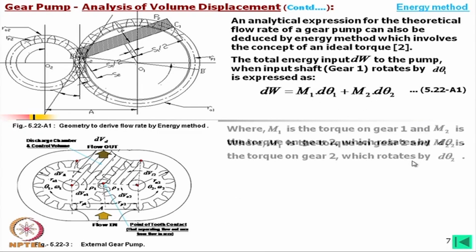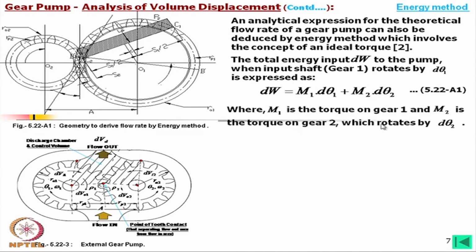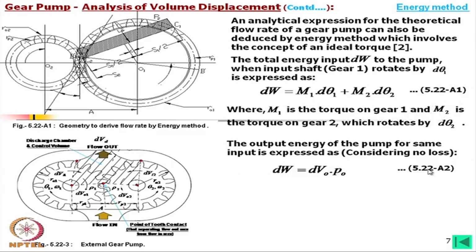Now, again this energy can be expressed in the form of the rate of change of volume and the pressure. Now, this pressure is the differential pressure, that means output pressure minus the input pressure. In this case, we consider the input pressure is 0. So, we have considered the output pressure here.